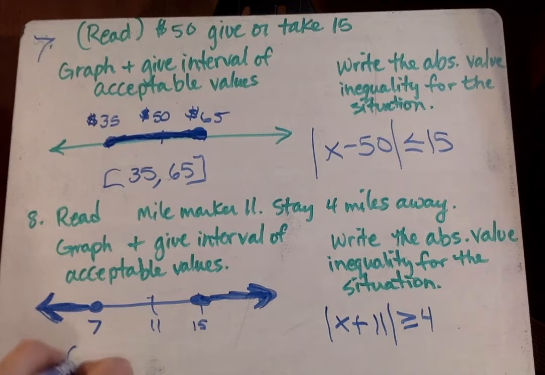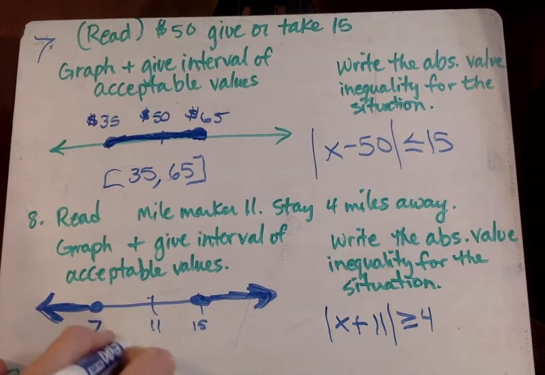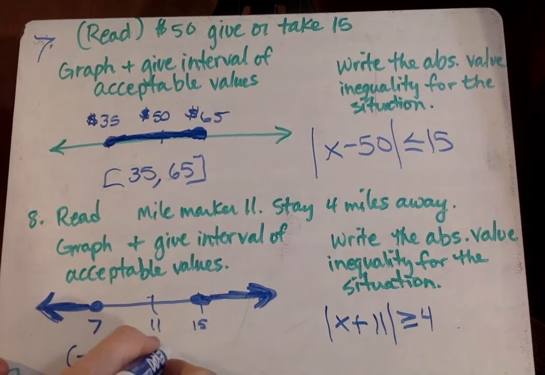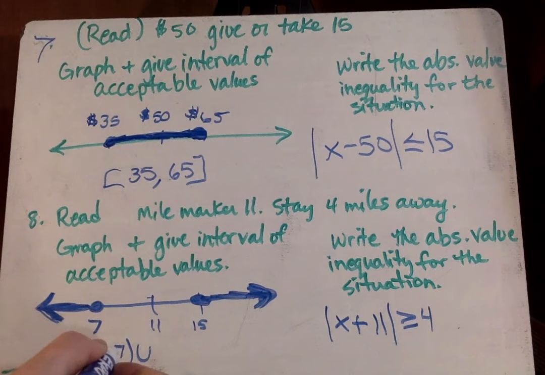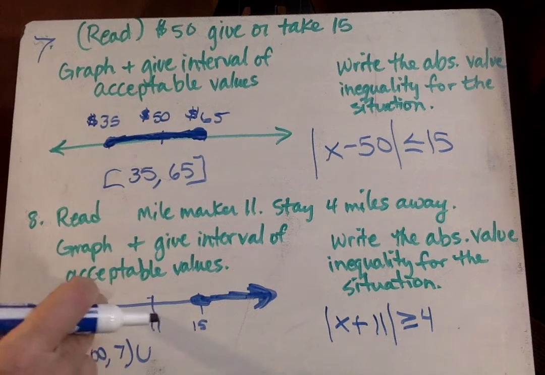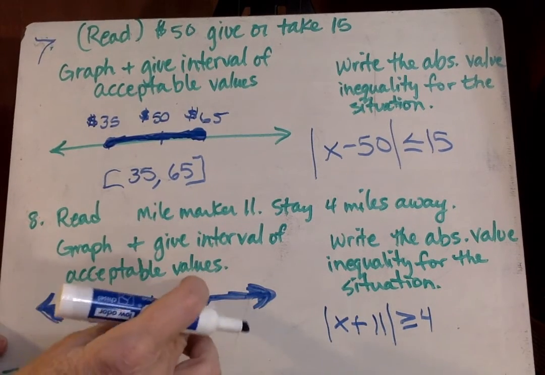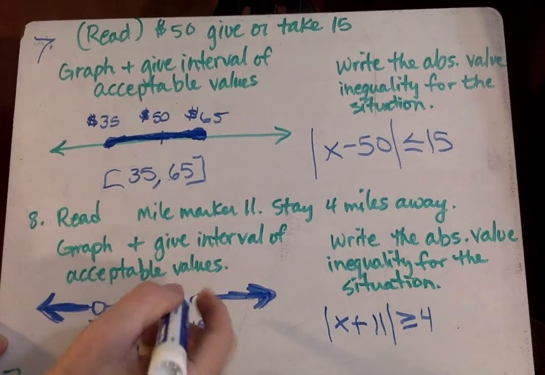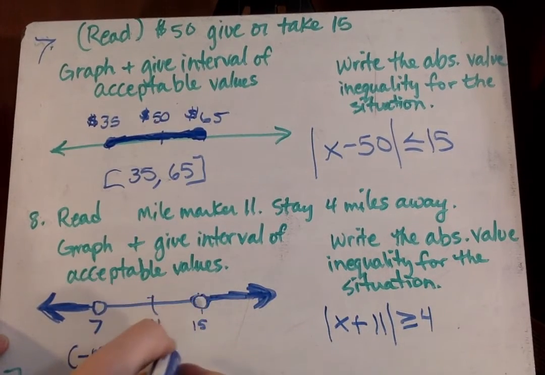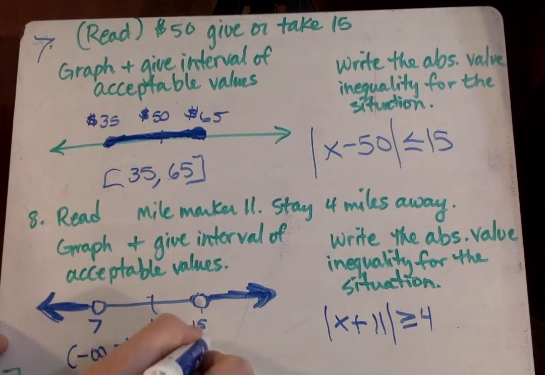We go the interval negative infinity to 7, union. Oh, and are we going to include 7 or not? They must stay 4 miles away. I'm going to make that an open dot because it doesn't say exactly. So open dot on both of these. Union 15, comma, infinity.